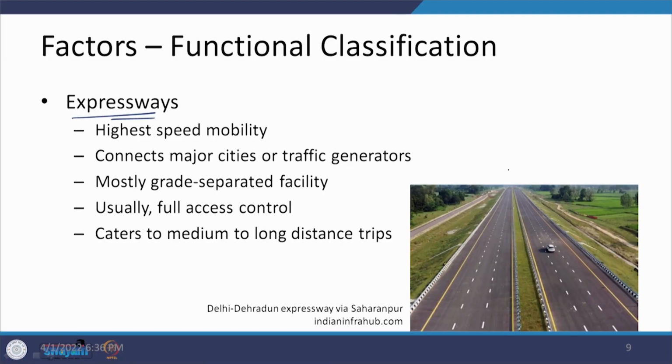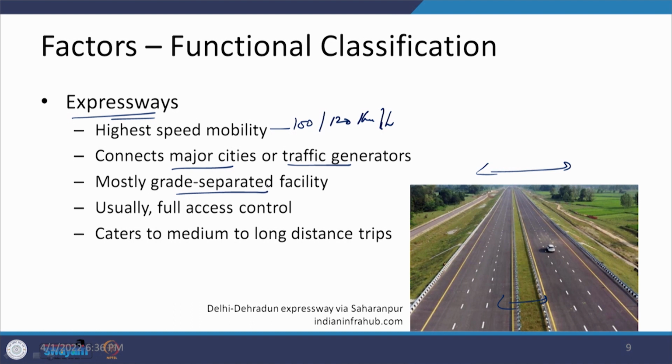When you talk about expressways, as you can see, this is a wide facility, of course a multi-lane facility with a median in between which can be wide, and the highest speeds can be there on these roads, as high as 100 or 120 kilometers per hour. They are going to connect the major cities or the major traffic generators, and because they are high speed facilities, they should be mostly grade separated.